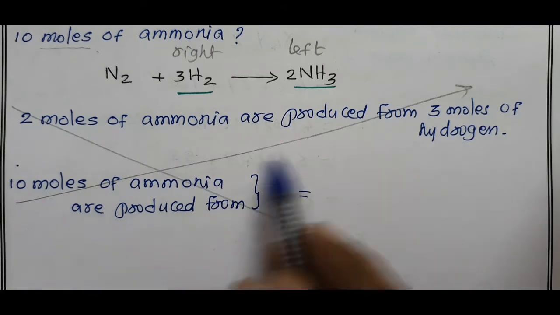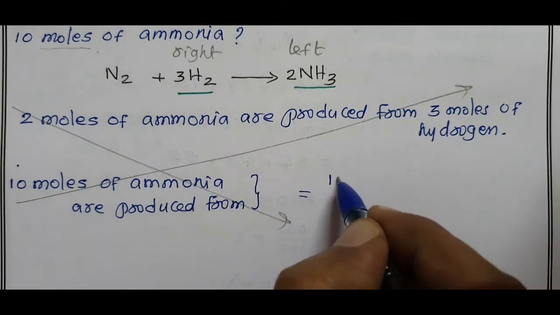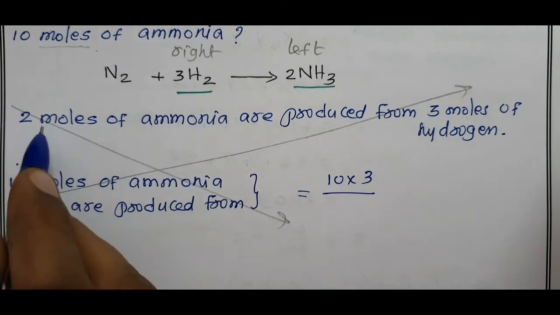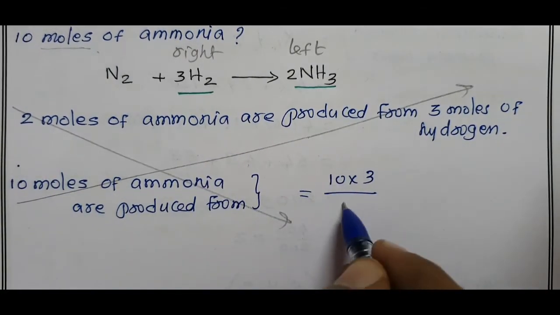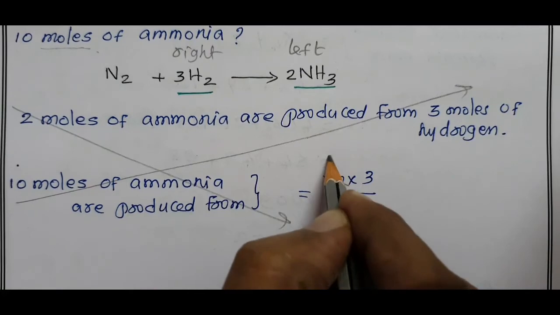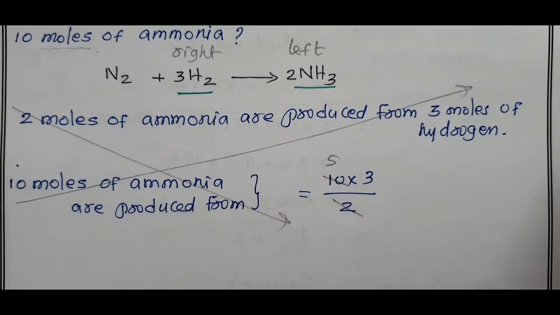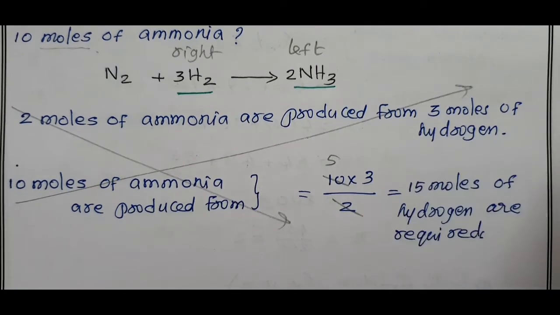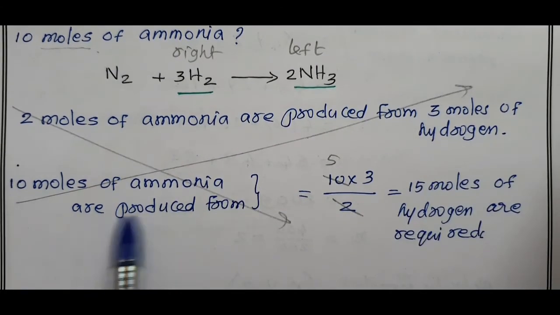Cross multiplication, 10 into 3 divided by the given value 2. So, when you cancel, 1, 2 is 2, 5 2s are 10, 5 into 3s are 15 moles of hydrogen are required. To prepare 10 moles of ammonia, how many moles of hydrogen are required? 15 moles of hydrogen are required.